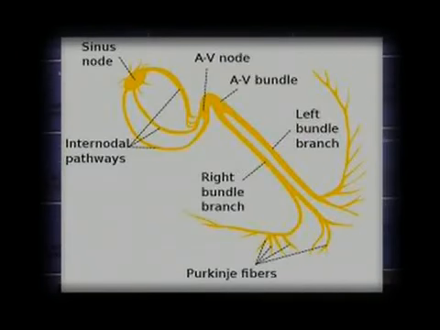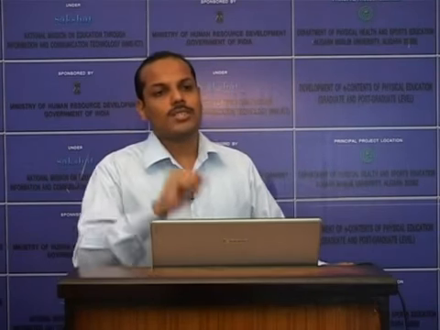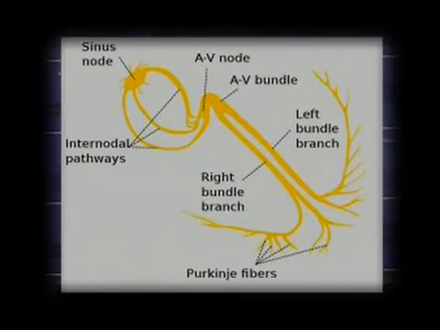These are the SA node and AV node. These are the pacesetters. So, there is a conducting system which contains the SA node, then there is an internodal pathway, and there is the AV node or atrioventricular node, and from the atrioventricular node there is the atrioventricular bundle or bundle of His.